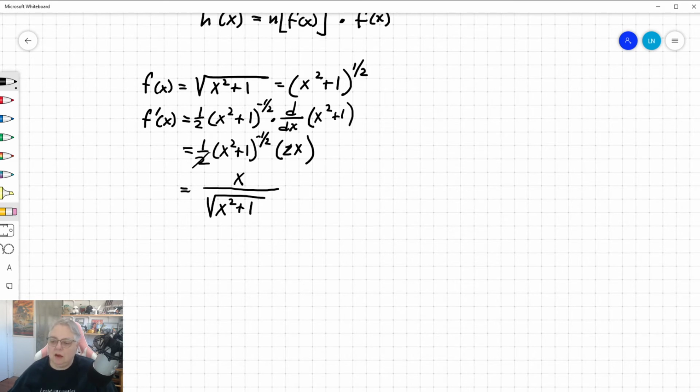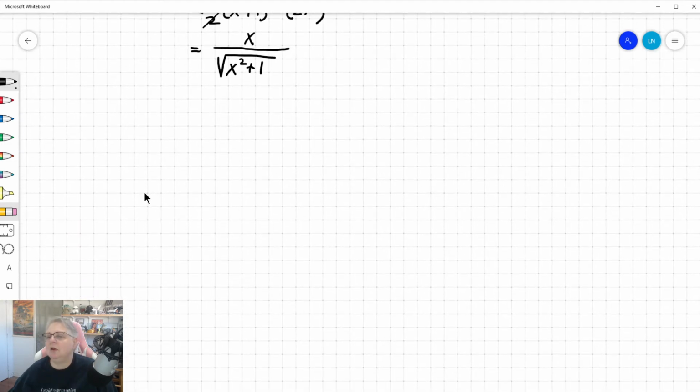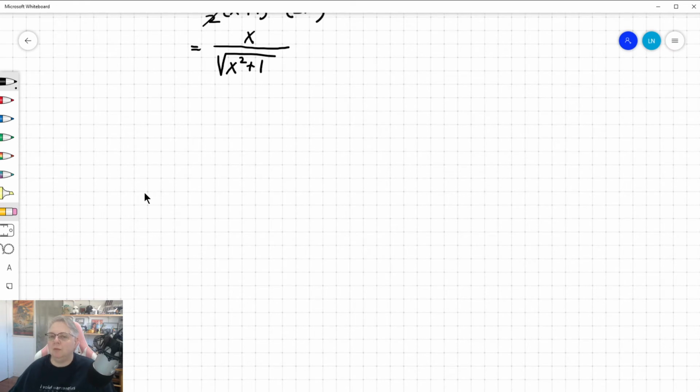Okay, now we can combine different rules here, because think about this now. We've got our basic rule, the power rule. We've got a product rule, a quotient rule, and now we've got the chain rule.